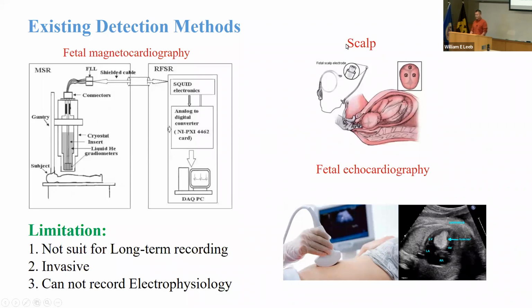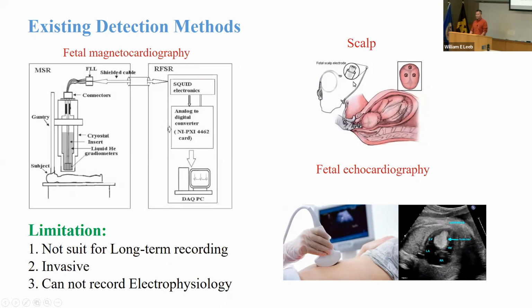We also have the fetal scalp electrode, where we go through the mother's vagina and put an electrode on the fetus's head, so we can record the signal directly. Most commonly, we use fetal echocardiography, where we apply ultrasound on the mother's abdomen to see the movement of the fetal heart.